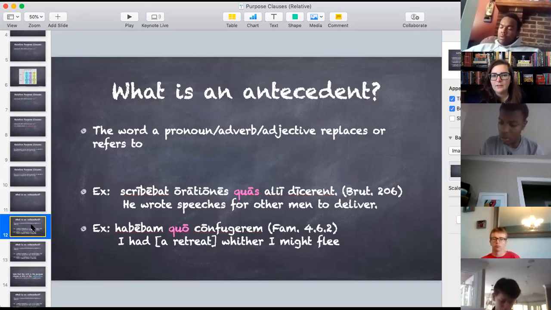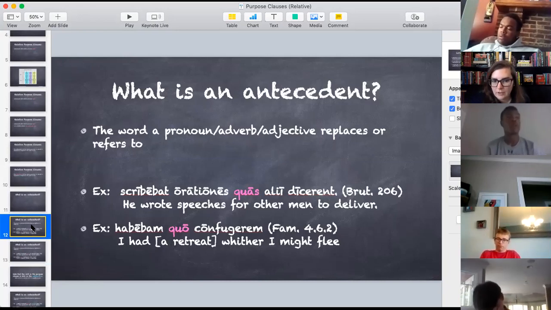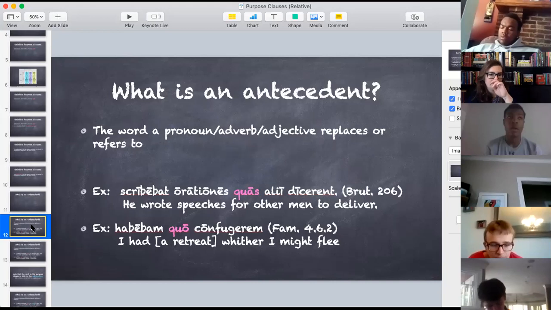So, quas is our what? The relative adverb. Relative adverb. And in this case, it's a relative pronoun, I guess. And what is the antecedent? He wrote speeches for speeches?